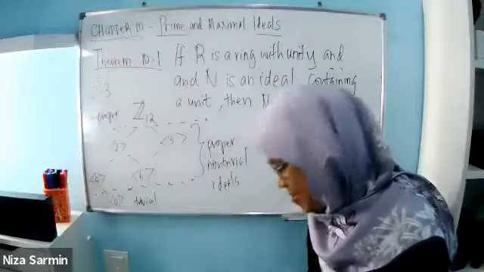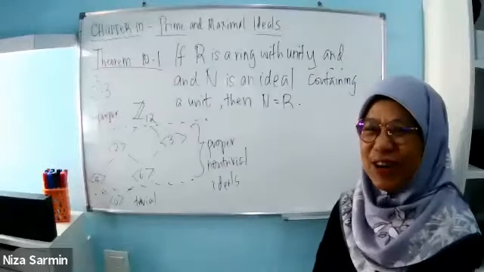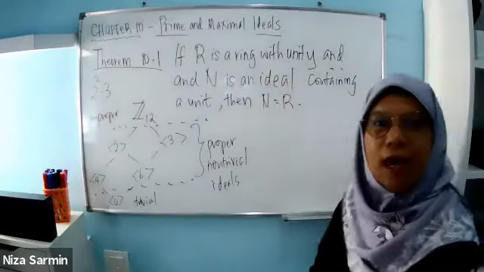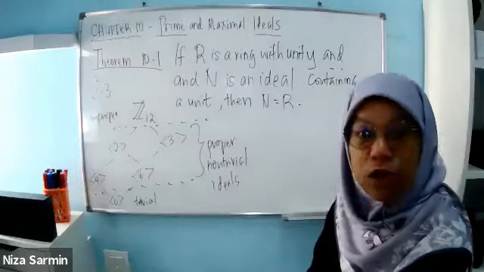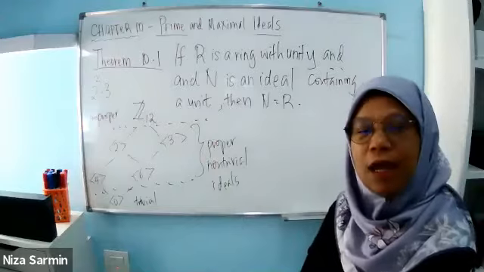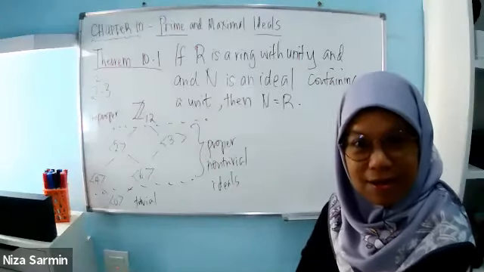Unity is the identity under multiplication. That's unity. What is a unit? A unit is an element that has an inverse, right?